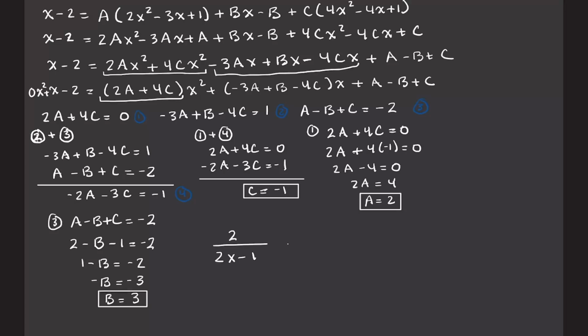And now for my b, it's 3, so it's plus 3 over 2x minus 1 squared. And now for my c, negative 1 over x minus 1. And this is my final answer.